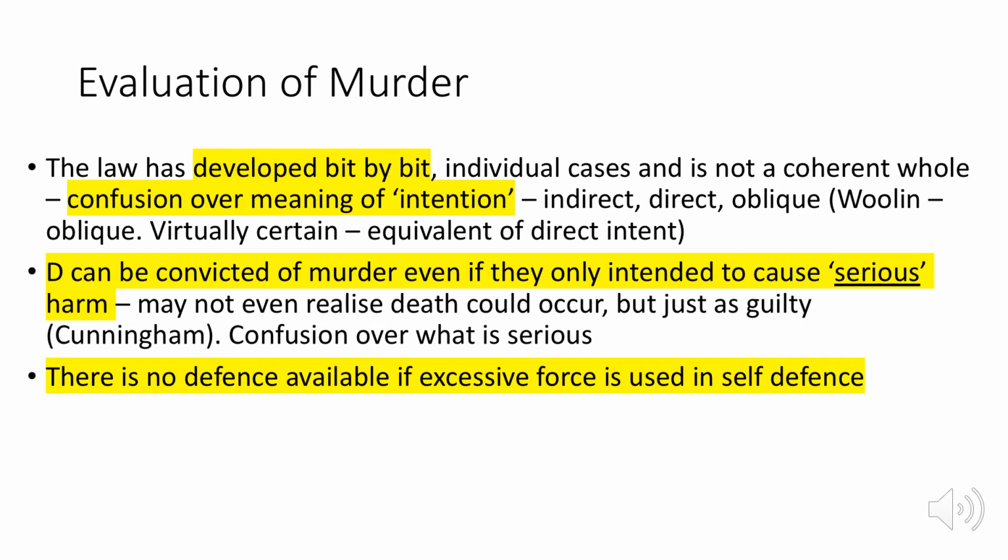Also, virtually certain is basically the equivalent of direct intention. They can be convicted of murder even if they only intended to cause serious harm, so may not even realise death could occur, but just as guilty. Also, there's confusion over what is serious. There is no defence available if excessive force is used in self-defence.